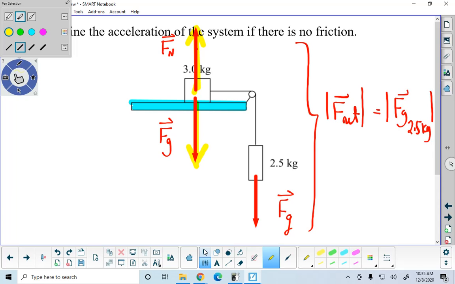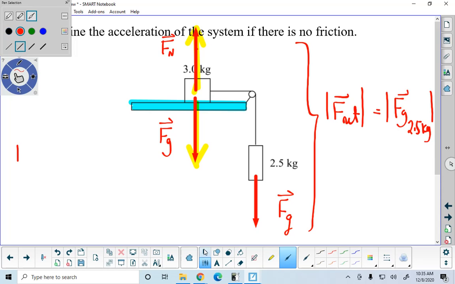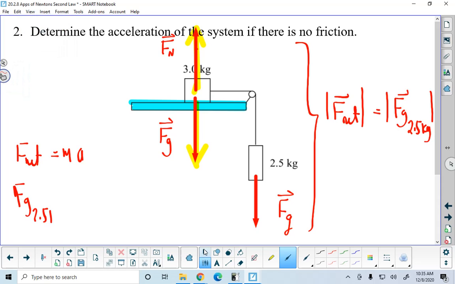So all I'm left with is the force of gravity on the 2.5 kilogram mass. Okay, so F net equals ma. But F net is the force of gravity on the 2.5 kilogram mass, which means that the force of gravity on the 2.5 kilogram mass is the net force, which is equal to ma.